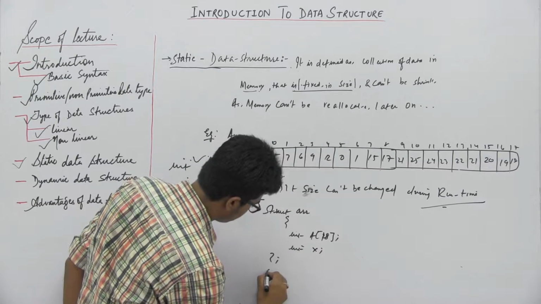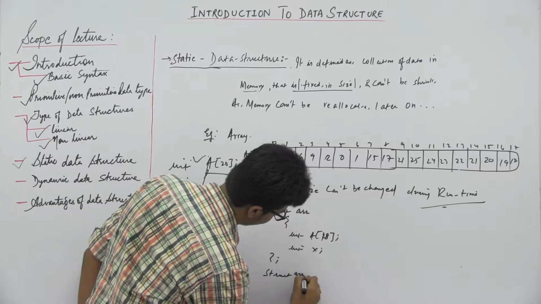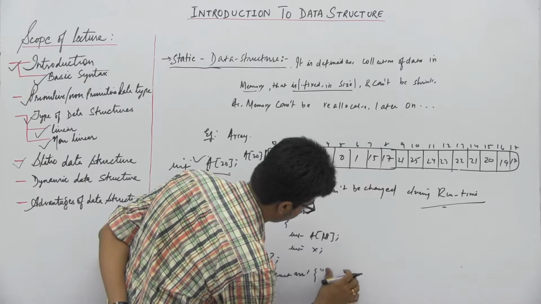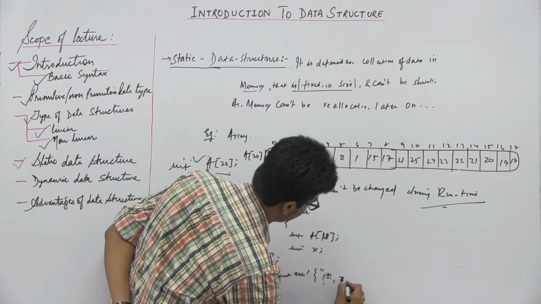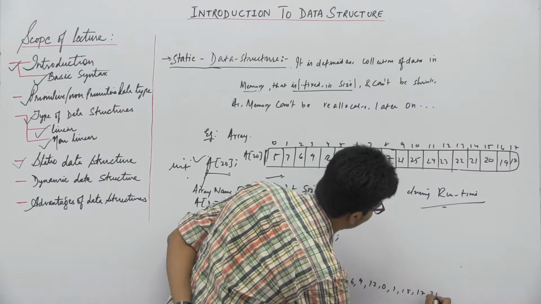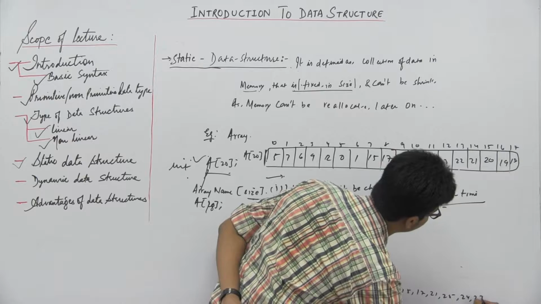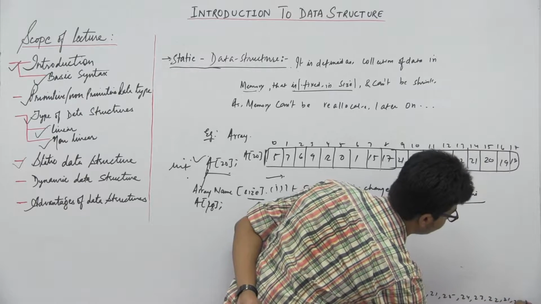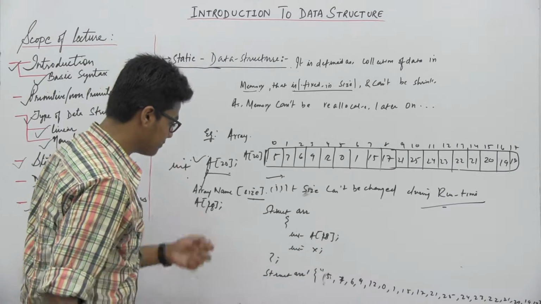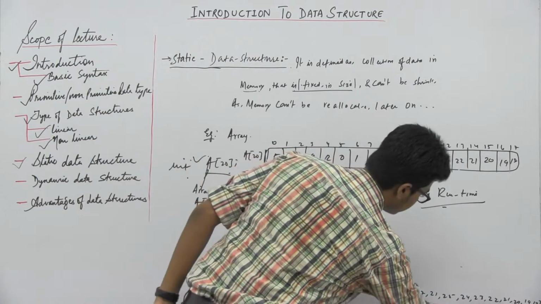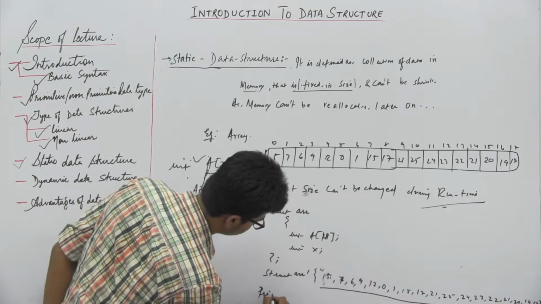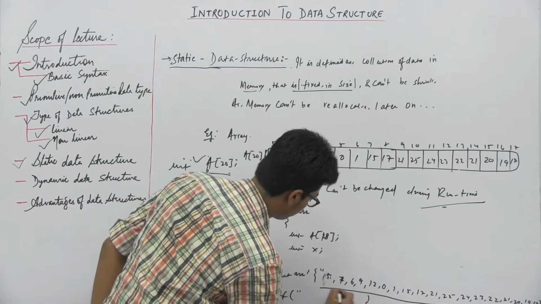So we define a structure and struct array 1, defining 5, 7, 6, 9, 12, 0, 1, 15, 17, 21, 25, 24, 23, 22, 21, 20, 19 and 18. A lot of data. If you print this data, let's write a printf statement to print the data of array 1.